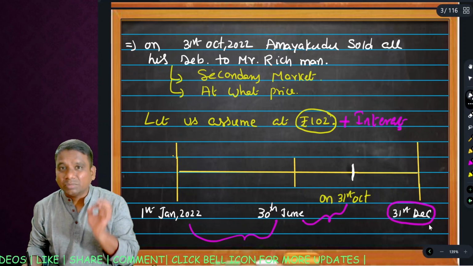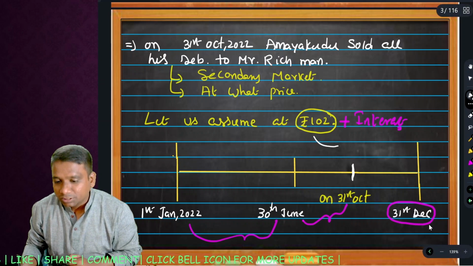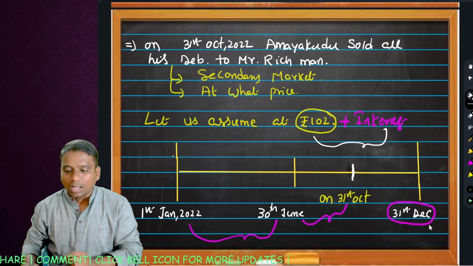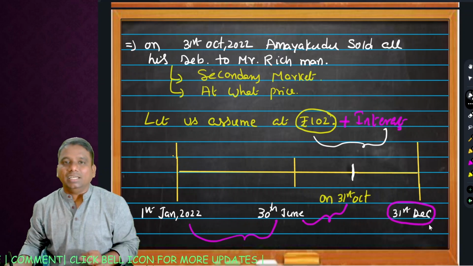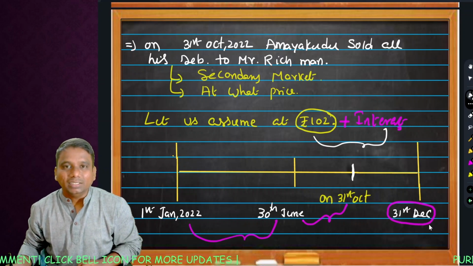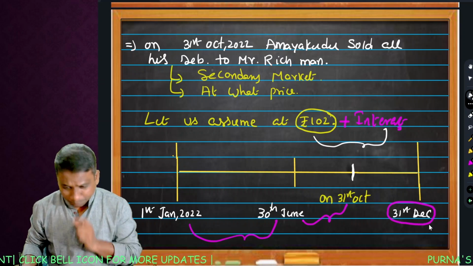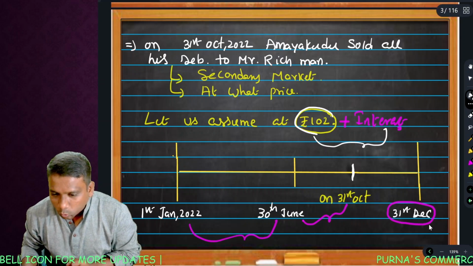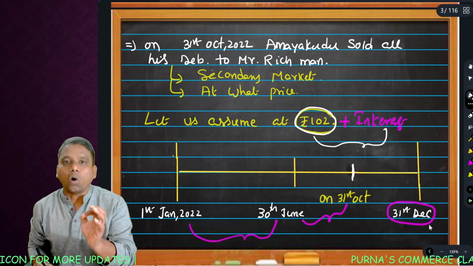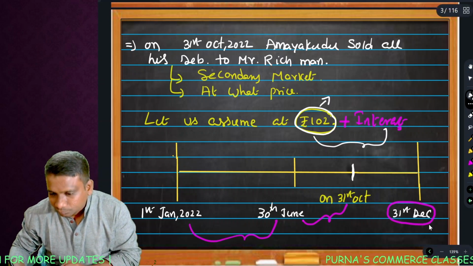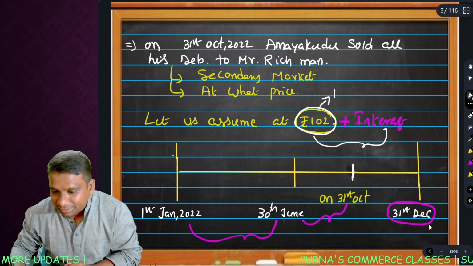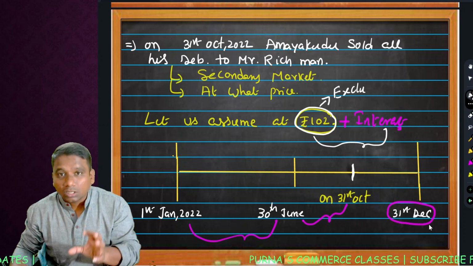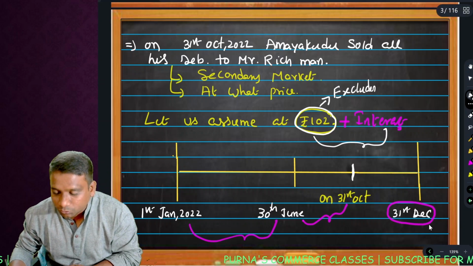Now Richman should pay 102 rupees towards the debenture investment, and separately he has to pay interest. This 102 rupees, from Richman's point of view, excludes interest.